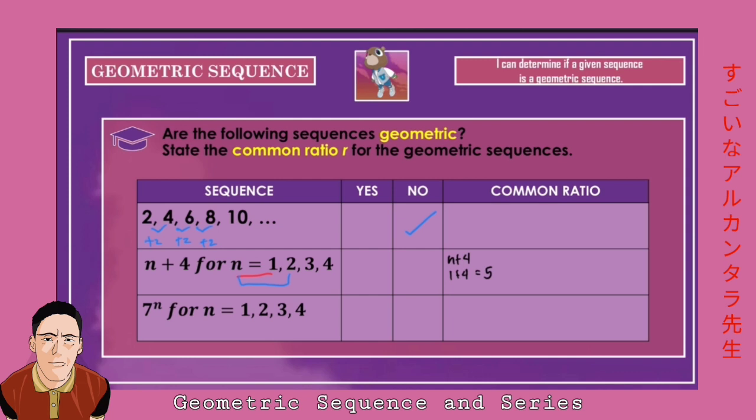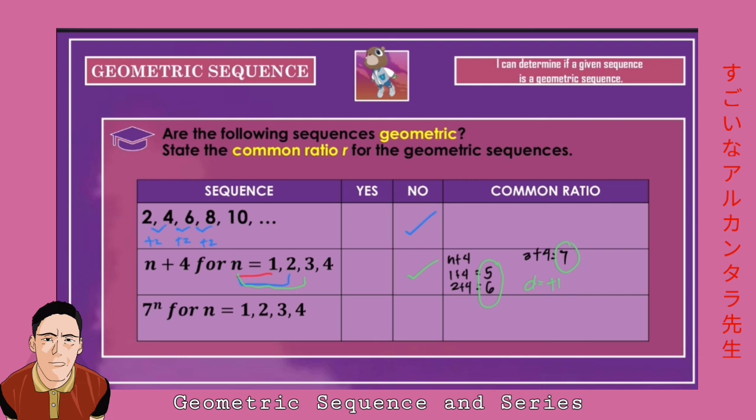That's 2 plus 4, that's equal to 6. And then how about n being 3? You will have 3 plus 4 is equal to 7. And I think here we can stop immediately because the results can immediately show us that the pattern is not geometric. It's simply increasing by 1. And that's the common difference. This is actually arithmetic. So another no for this one.